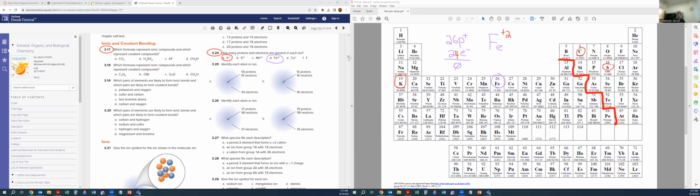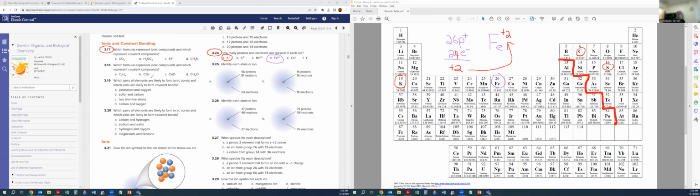If I lose 2 electrons to somewhere else, I'll end up with a +2 charge. So I have 26 pluses, 24 minuses, and that'll give me the iron +2 ion. That's how that works. Okay, guys?